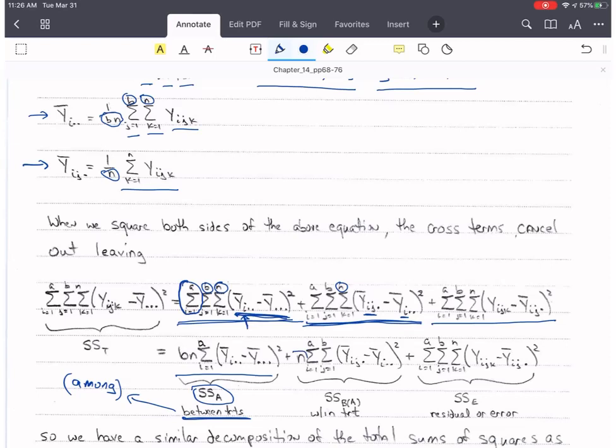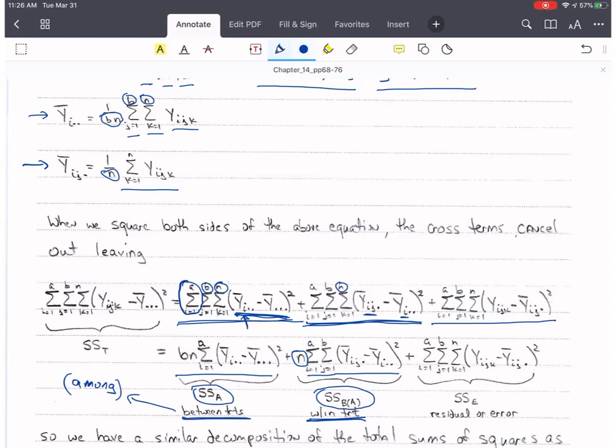And so we see the n here, and then we see the summations and the sum of squares. And this turns out to be the sum of squares of B nested within A. This is also within each treatment. So SSB nested in A is within each ith treatment, okay? It's the sum of squares within the treatment.